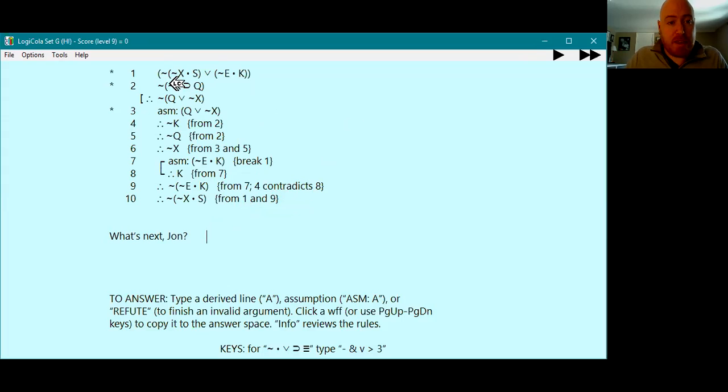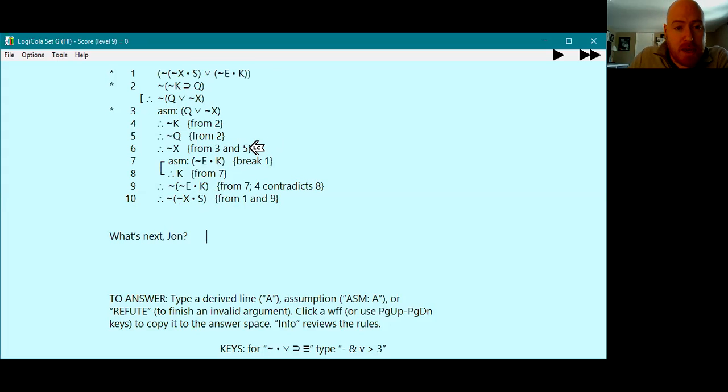So either it's not the case that not X and S, or it is the case that not E and K. All right, well, it's not the case that not E and K. Therefore, it's true that it's not the case that not X and S, okay? Now, so here I've got not X conjoined with S, and I know that this conjunction is going to be false, all right?